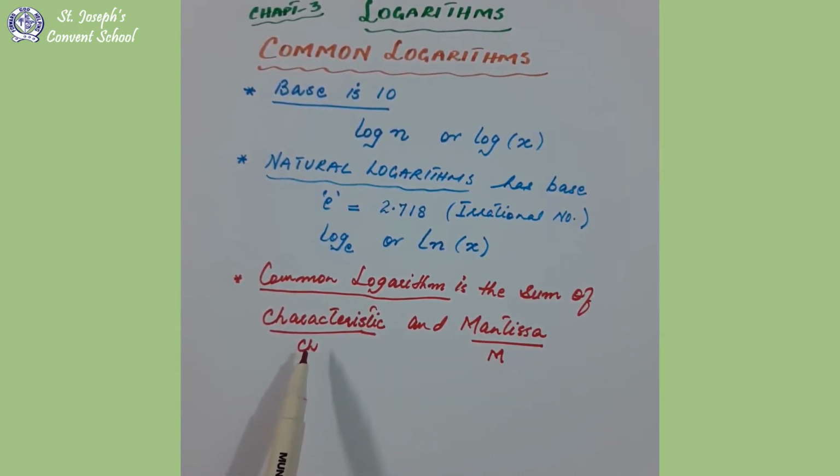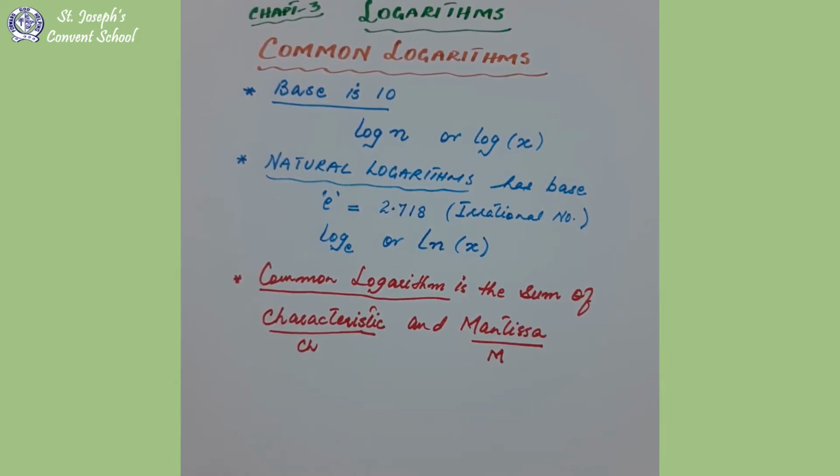Characteristic is actually the integral part of the number, and mantissa we find with the help of the log table. So first I'm going to explain you the characteristic, how you can find the characteristic, and then I'll explain you the mantissa using log table.